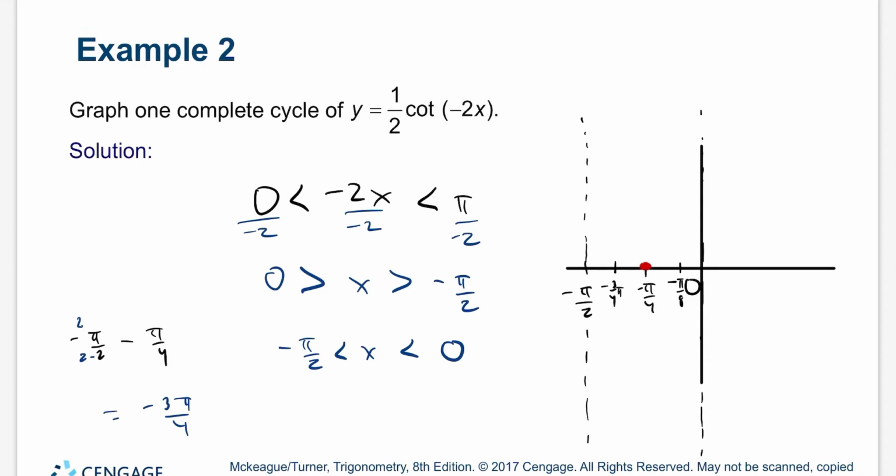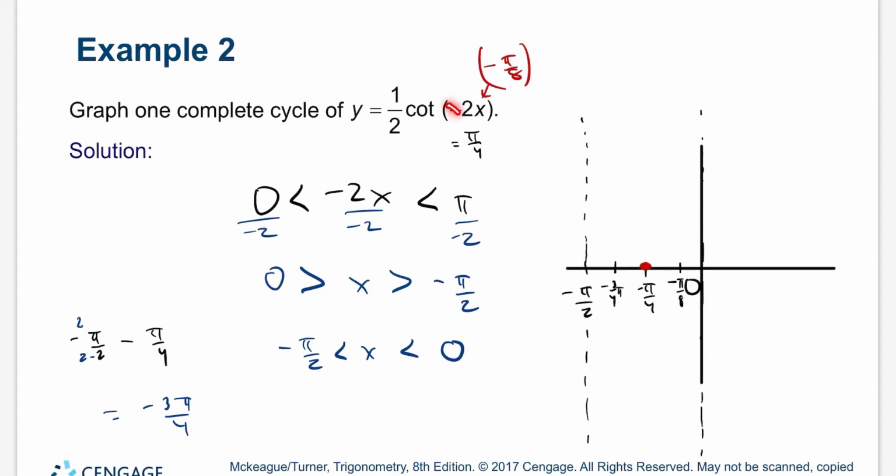All right, and then for this value, well, cotangent generally looks like this, but we can just be sure by plugging in this angle into x. So if you plug in negative pi over 8, negative times a negative would be a positive. So you end up with, what is that going to be, positive pi over 4.